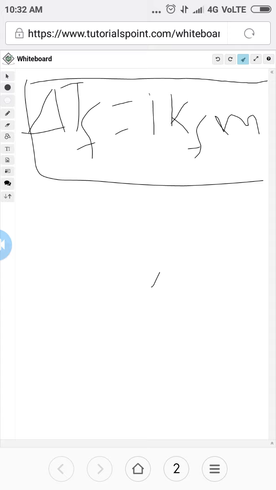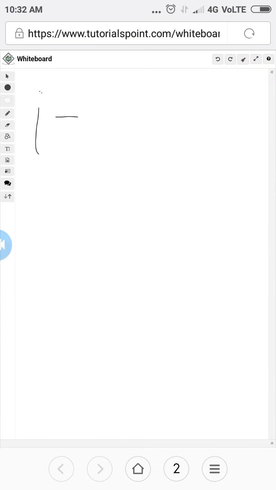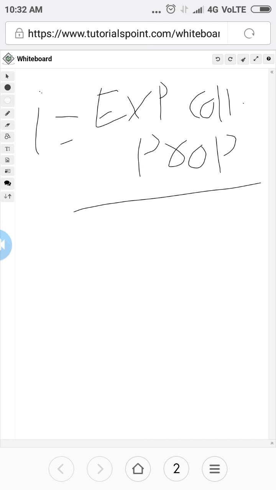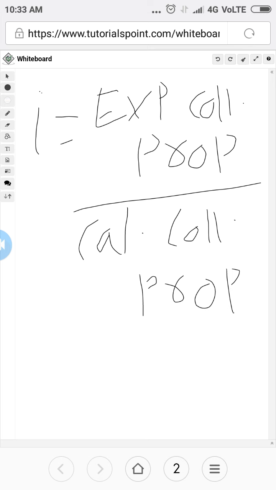That is, I is equal to the experimental colligative property divided by the calculated, or theoretical, colligative property.